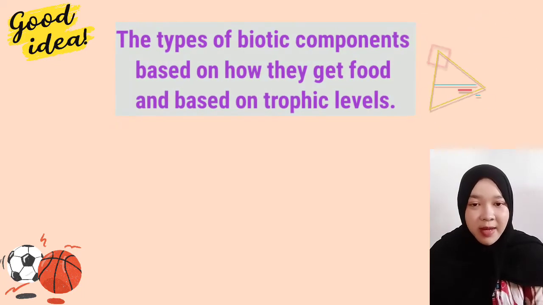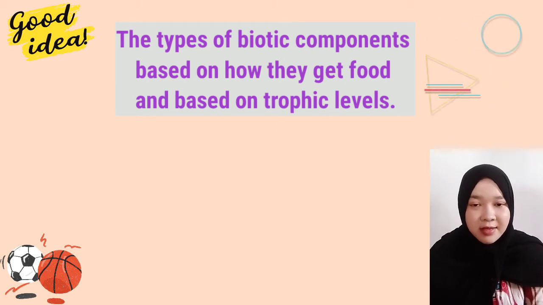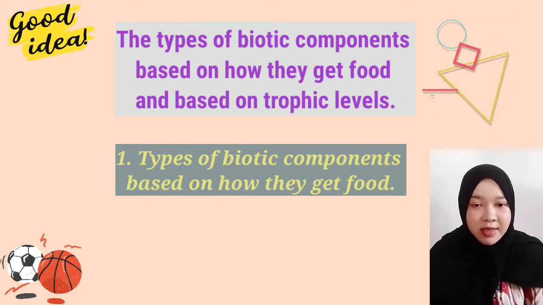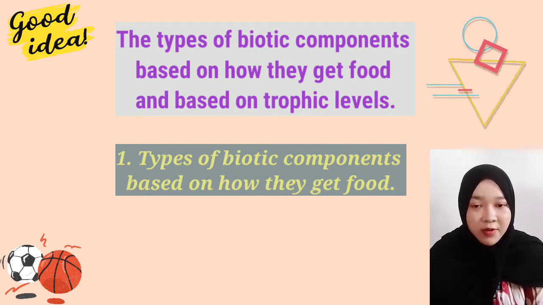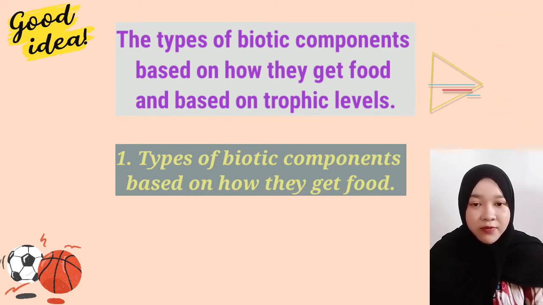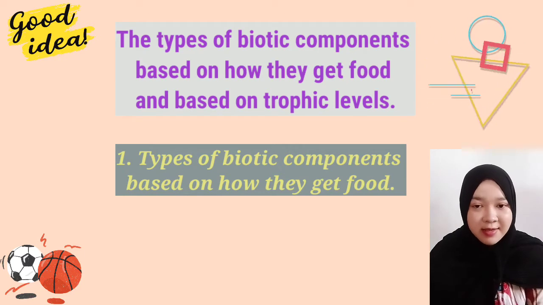The types of biotic components based on how they get food and based on trophic levels. Types of biotic components based on how they get food. First, there are producers. Producers can produce their own food through photosynthesis. For example, green plants.